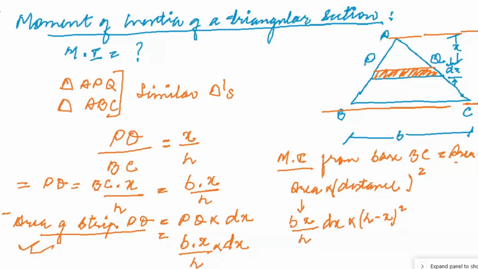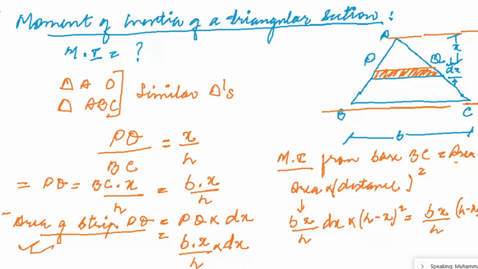And we can write this as bx by h, times (h minus x) squared, dx. This is your moment of inertia about the baseline BC.